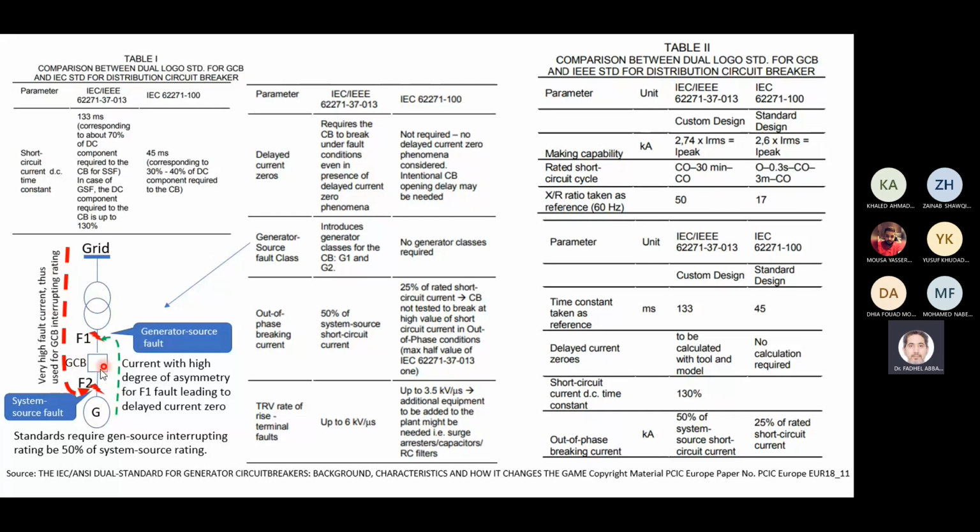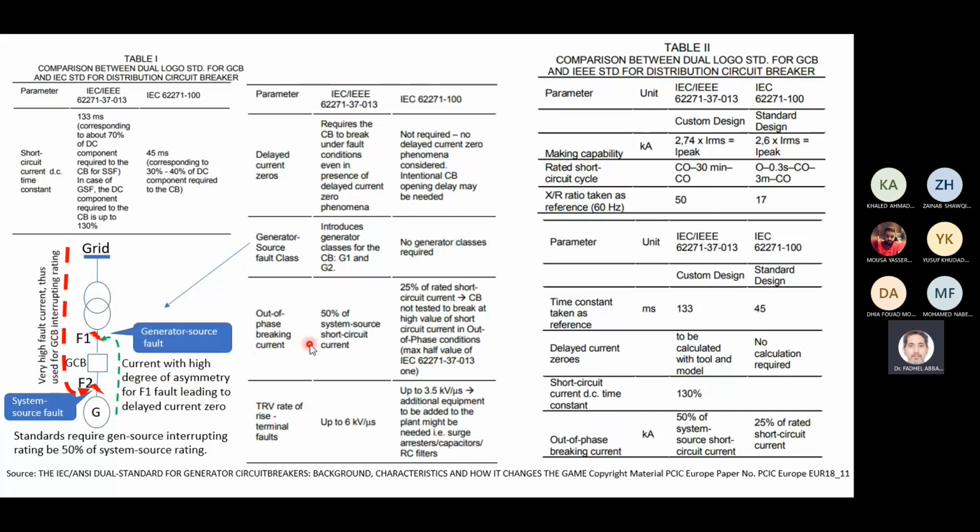So our breaking capacity is mostly decided based on this for the generator, but it also has to handle a fault here where the current is fed from the generator. This current will have high decaying DC, and the AC component is also asymmetrical. That's why it will have a delayed zero crossing, and that's why it has to be rated for this current too.